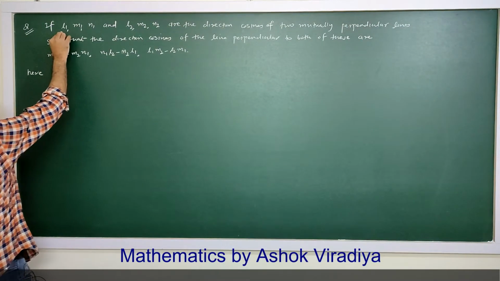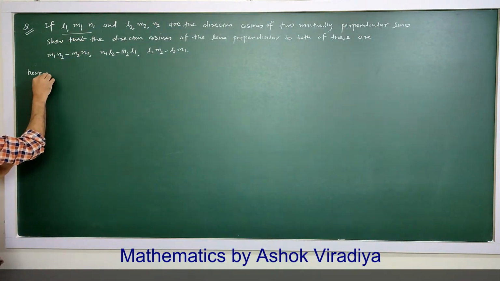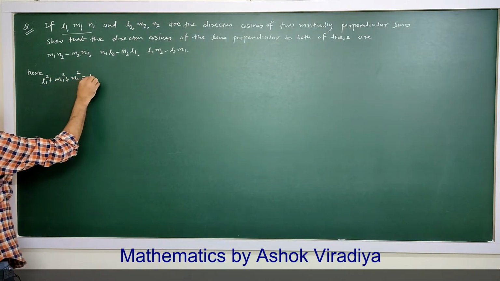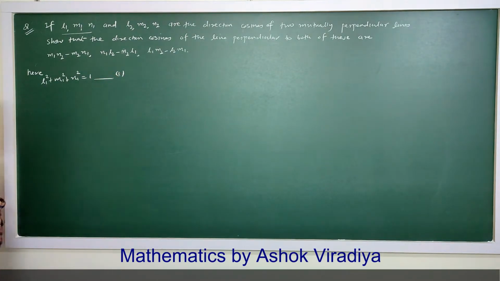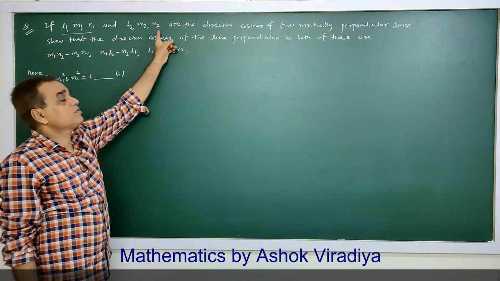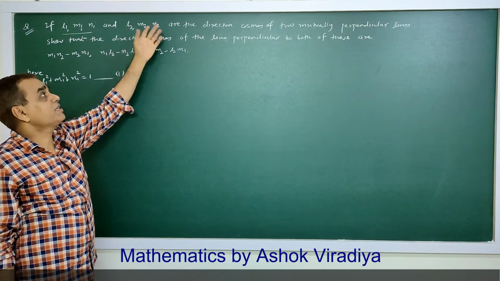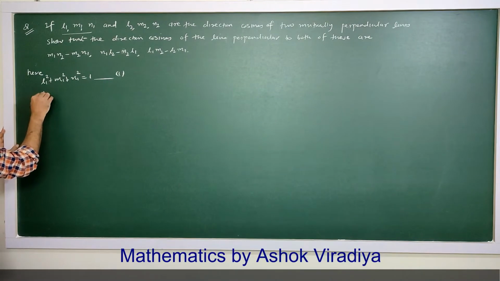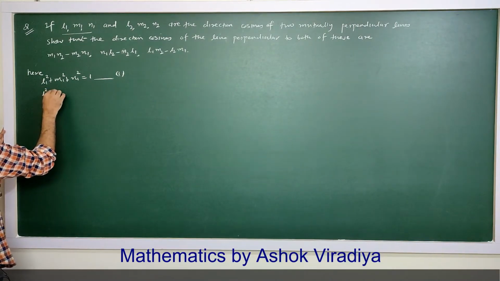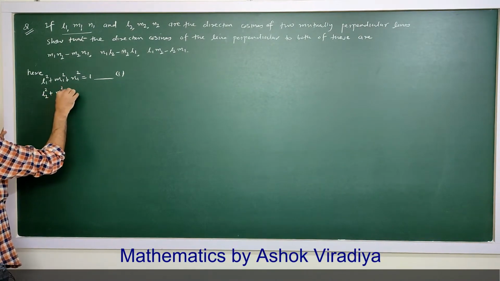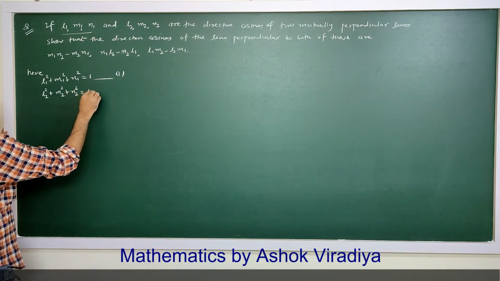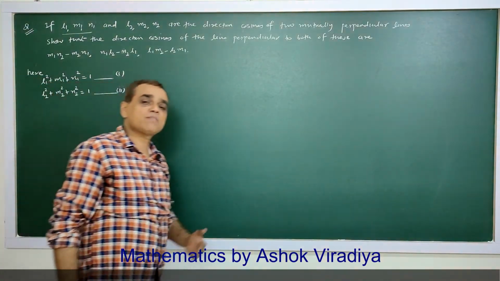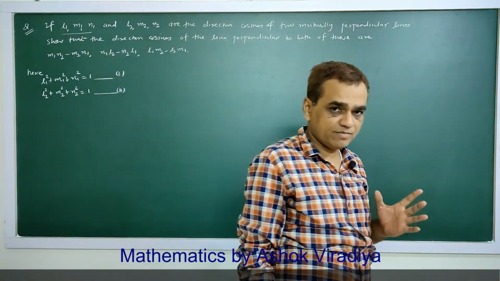That means because these are direction cosines, L1 square plus M1 square plus N1 square is 1. The second triplet represents the direction cosines of another line, so for these numbers also the sum of squares is 1. If L, M, N are direction cosines of a line, then L square plus M square plus N square is always 1.